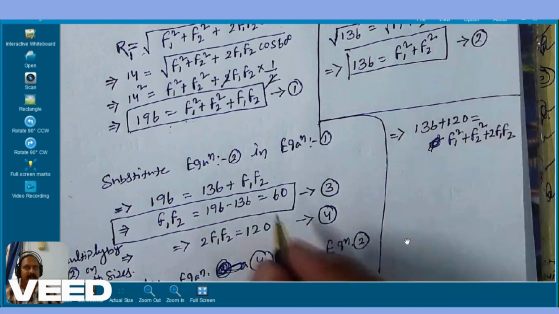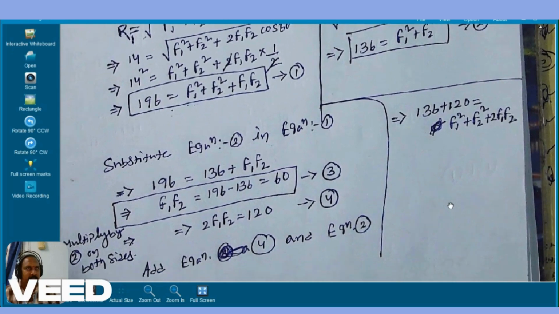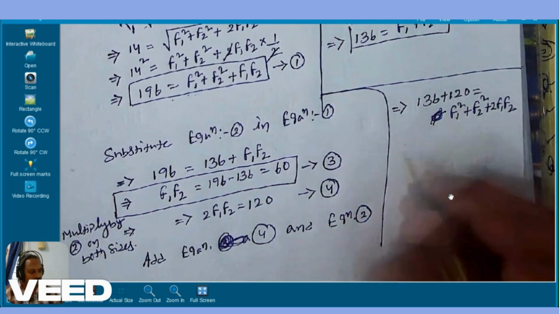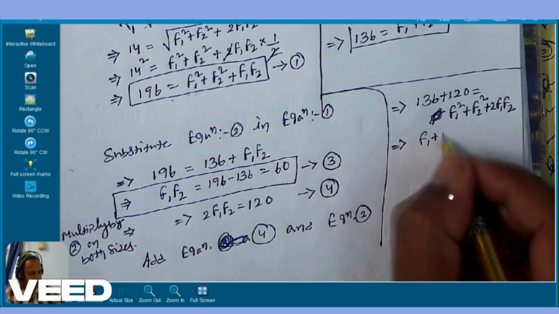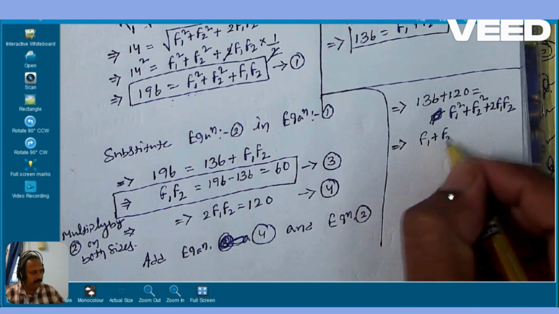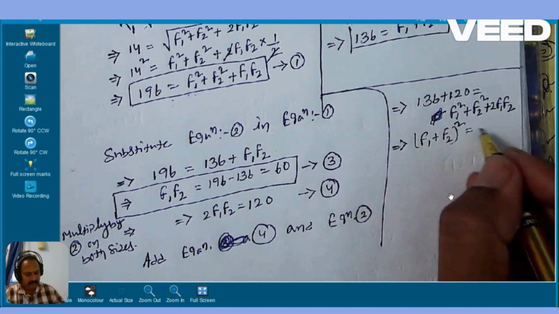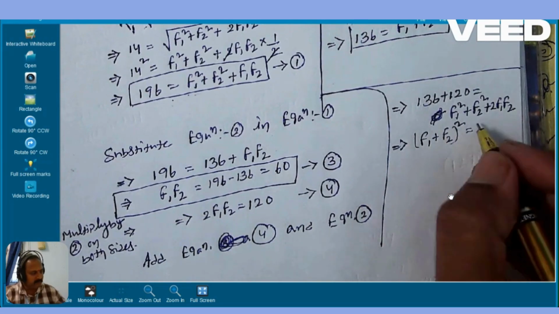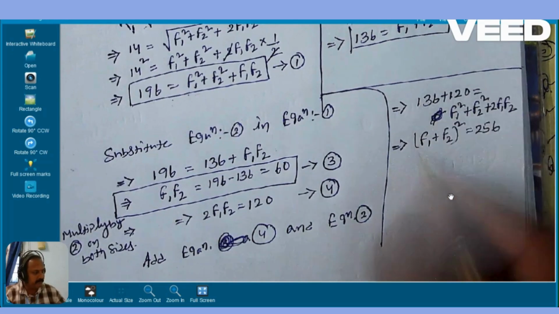I hope you have understood why we multiplied by 2 on both the sides. So what is f1 square plus f2 square plus 2f1 f2? This is nothing but f1 plus f2 whole square, which is equal to 256. Clear? 256, 136 plus 120.